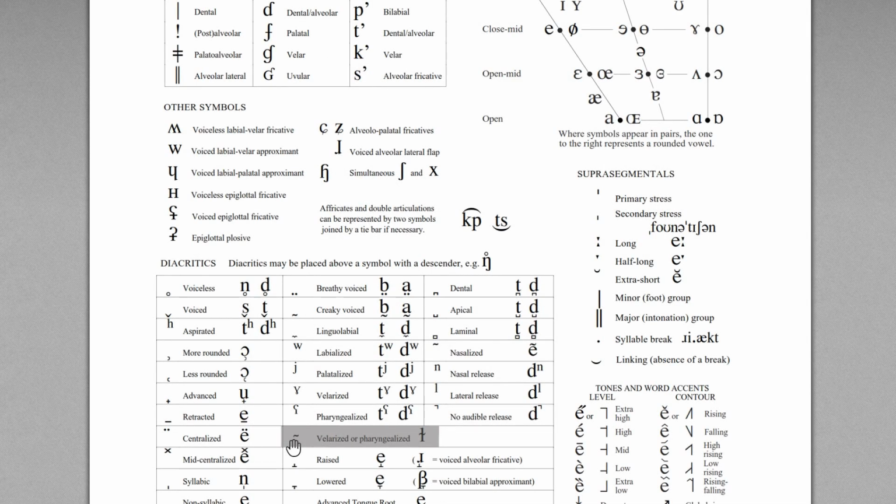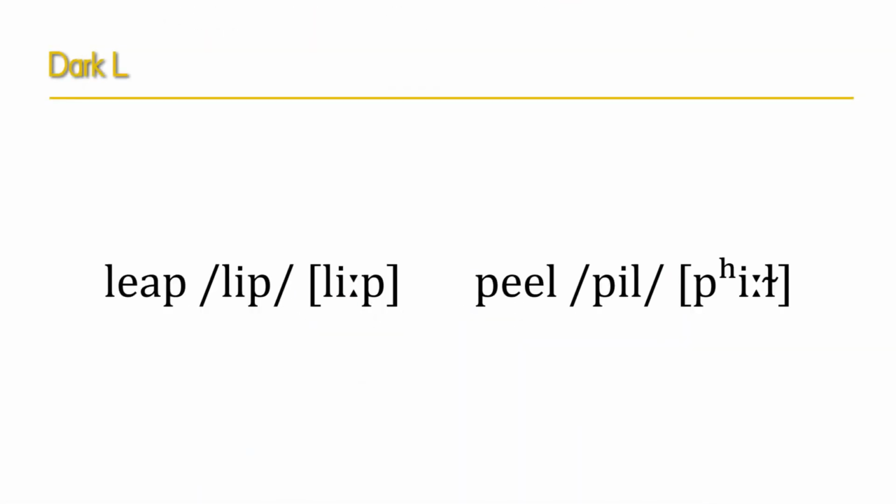So we are going to be using this symbol here, through the L, to show that this is a different shade of L. It's slightly different from the L in leap. If you say leap, what kind of L is it? What kind of sound is it?